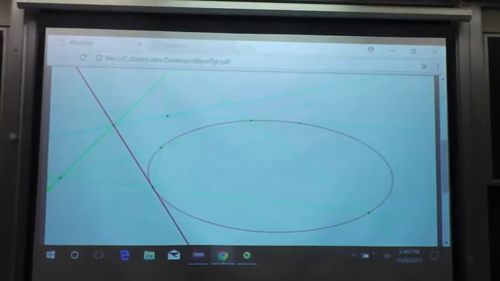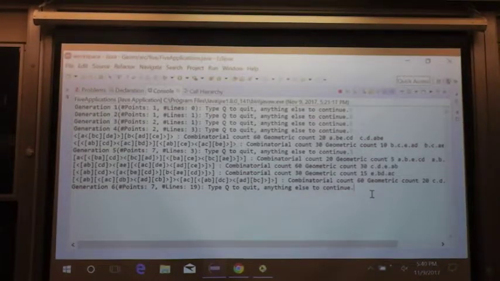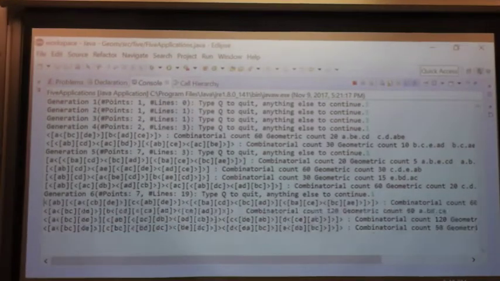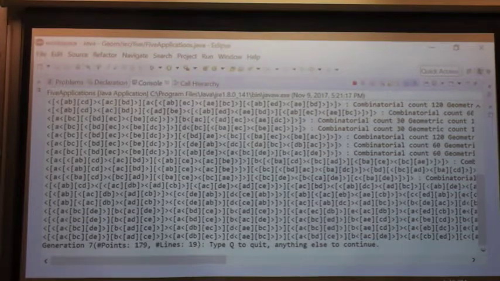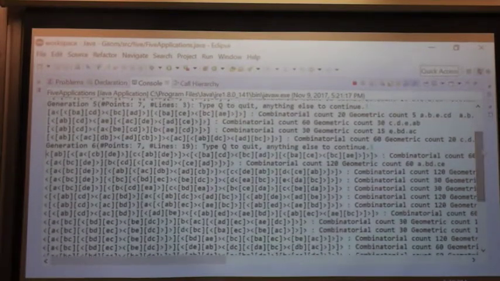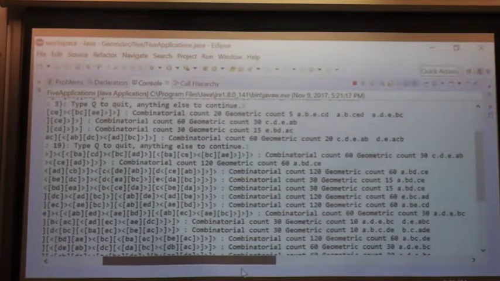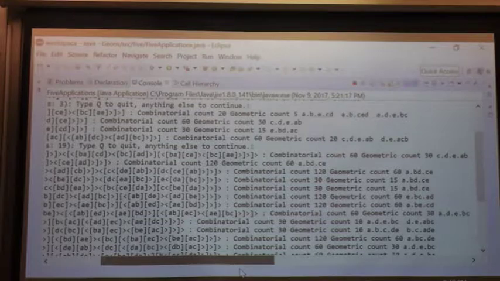Let me take it one generation further. So let's go back to the program. And you can see it goes through these generations very quickly. It produces theorems as fast as you like. It gets a lot of theorems at the next generation, so many that I don't know if I can find what I want.